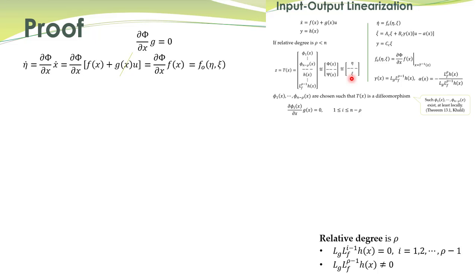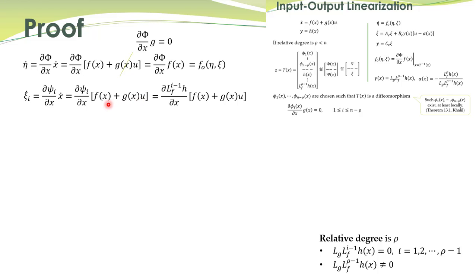What is xi i? This xi is a vector, so its ith element. What is xi i? Xi i is the ith component of this vector, and therefore xi i dot is equal to the partial derivative of psi i with respect to x, and then the derivative of x with respect to time, where x dot is given over here.